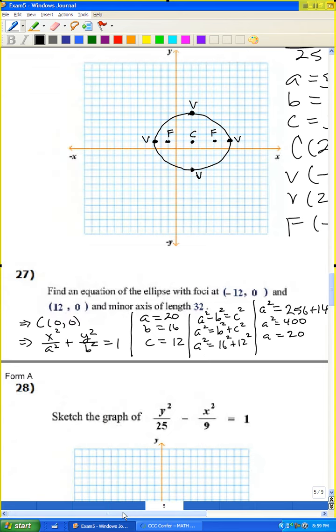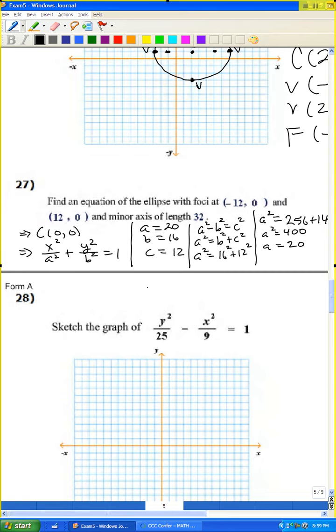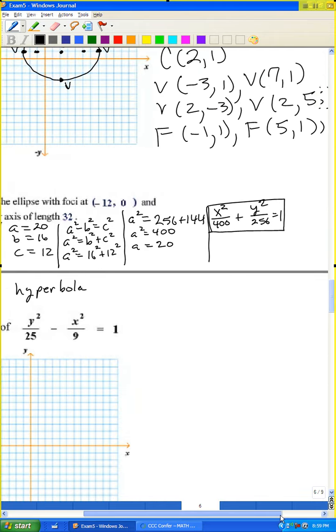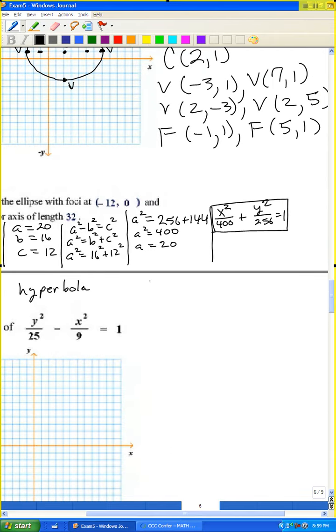Okay. Sketch the graph of this hyperbola. In this case, A equals 3, B equals 5. 25 plus 9 is 34, so C equals the square root of 34.